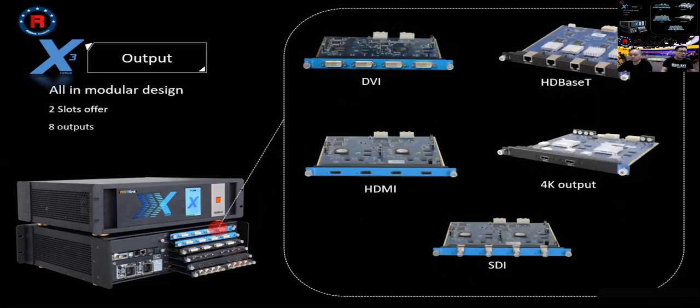On X3 output, it supports different outputs like DVI, HDBaseT, HDMI, and also 4K output with two HDMI 2.0. And if you are in the broadcast industry, you can select the SDI output.